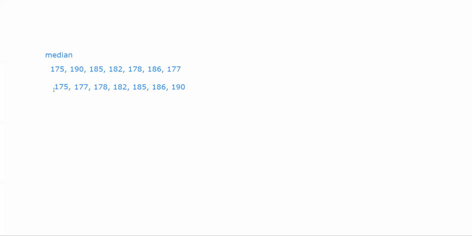So when we arrange the data, if these are 7 entries, the middle value would be the 4th value, like there are 3 on the left and 3 on the right, so the middle one is 182. So the median value of this data would be 182.